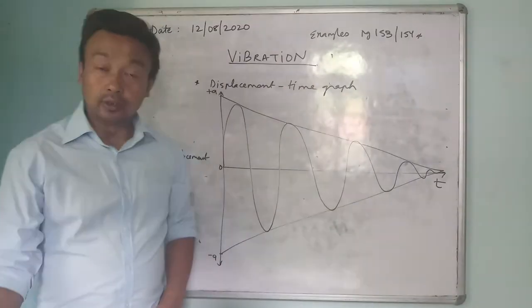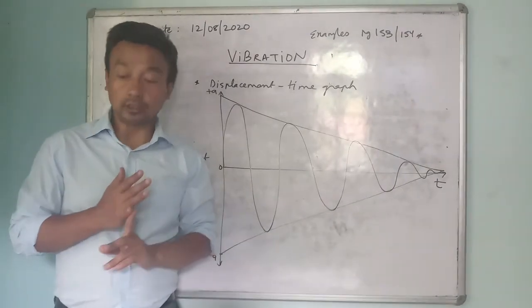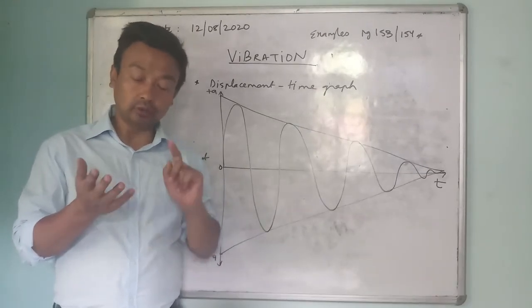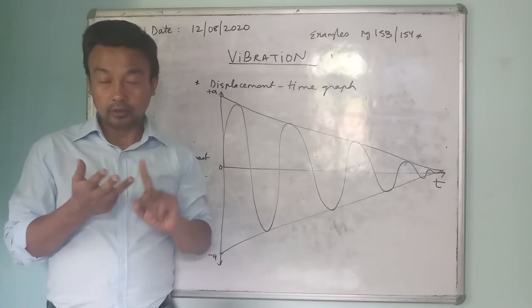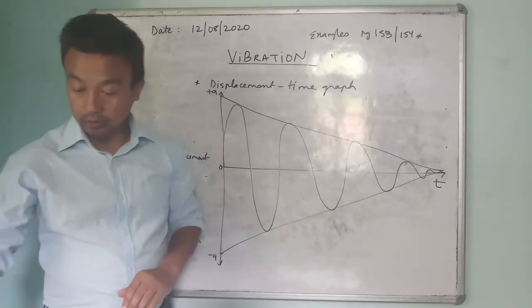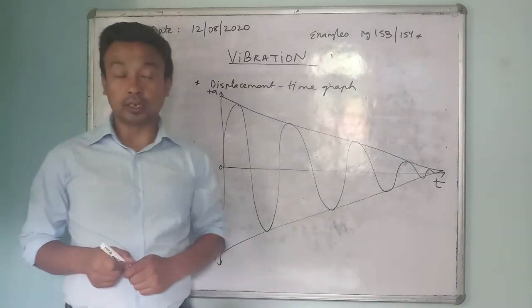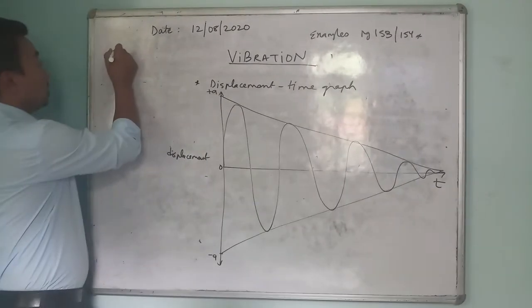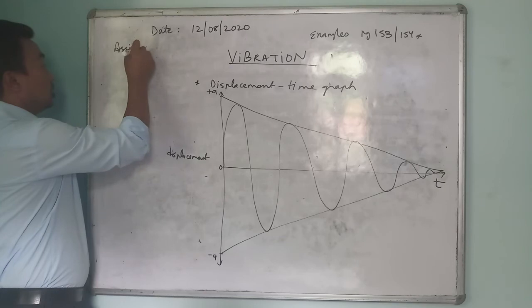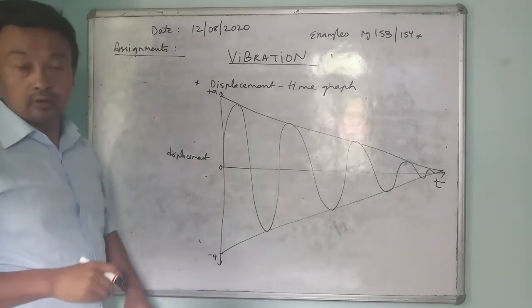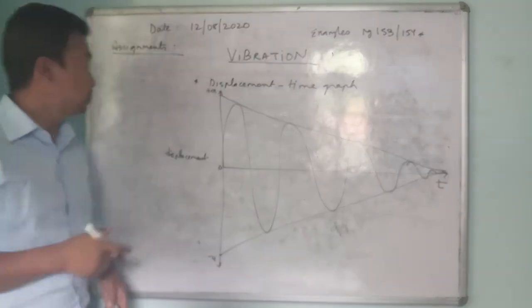Okay, so now these are the two vibrations we have discussed. Natural, also known as free vibration. Damped, the second type of vibration. Now I'll give you one small assignment. Please all of you do this assignment from the textbook.